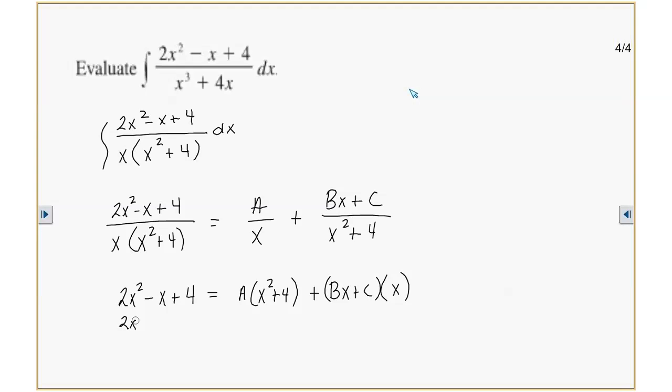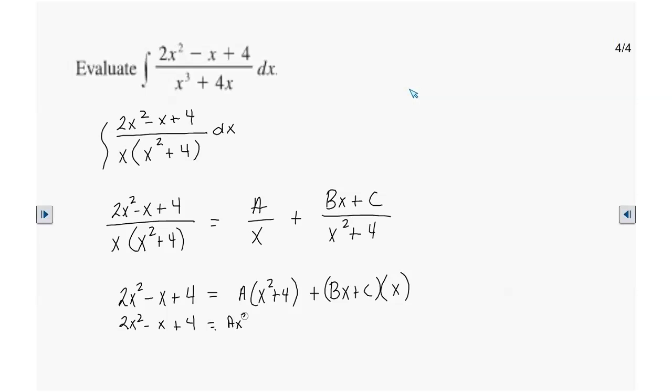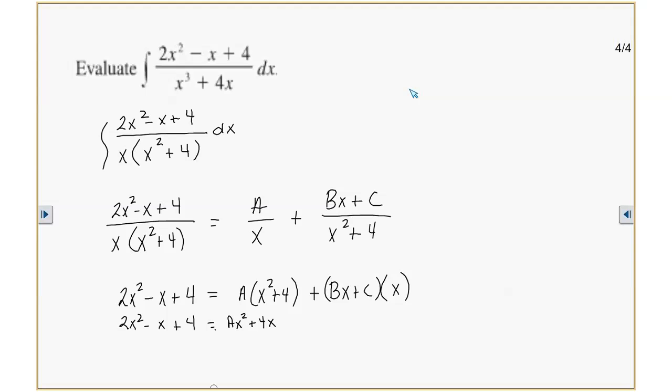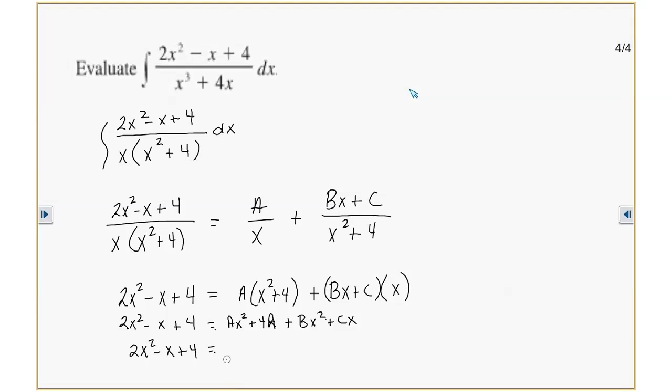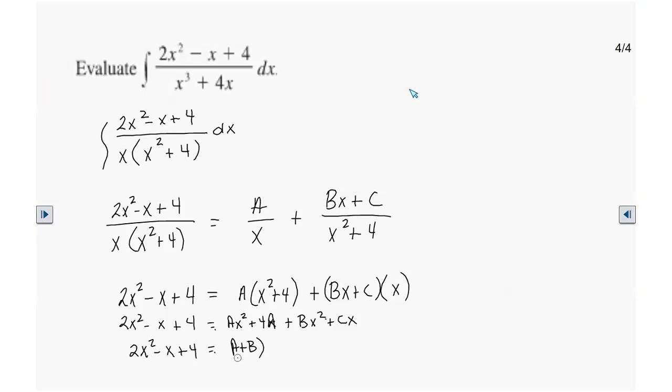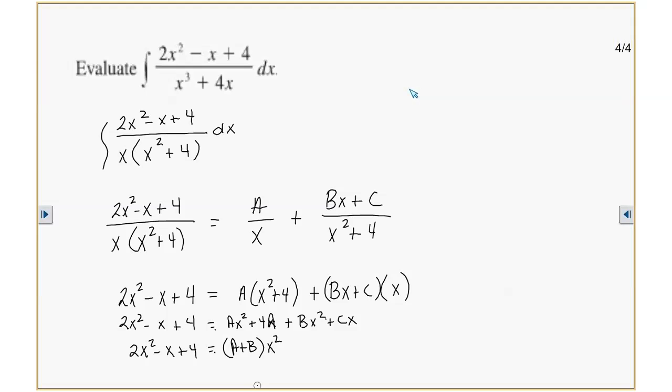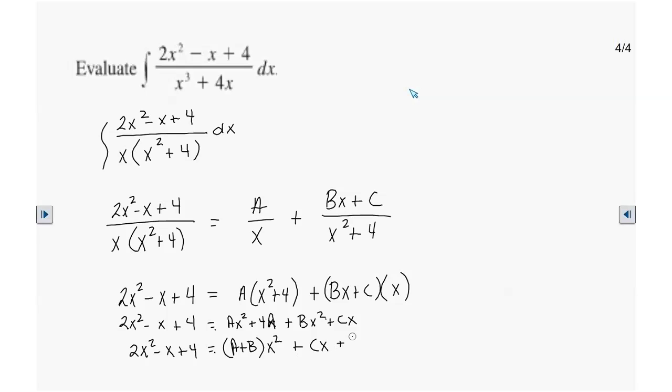2x squared minus x plus 4 is equal to ax squared plus 4a, plus bx squared plus cx. So 2x squared minus x plus 4 is equal to a plus b times x squared, plus cx, plus 4a.